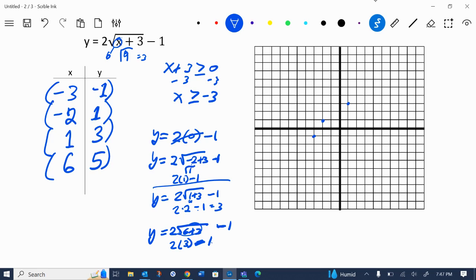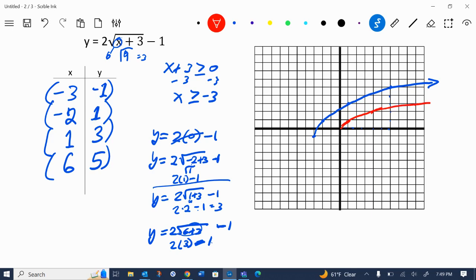It should be. 1, 2, 3, 4, 5, 6. 1, 2, 3, 4, 5. And that confirms. Look at the curve that I get. That's about the kind of curve that the original one was. This is, if I can draw it out right, the parent function curve.